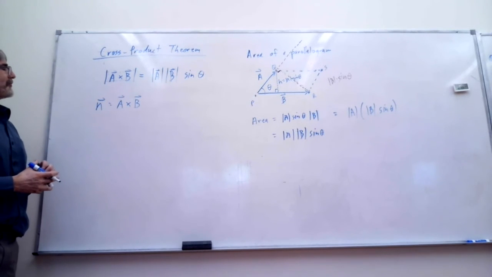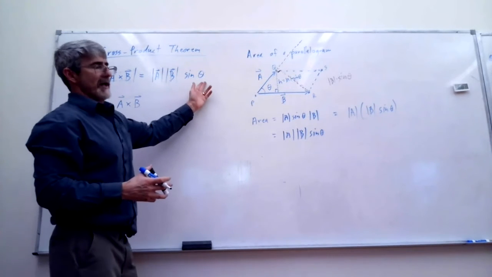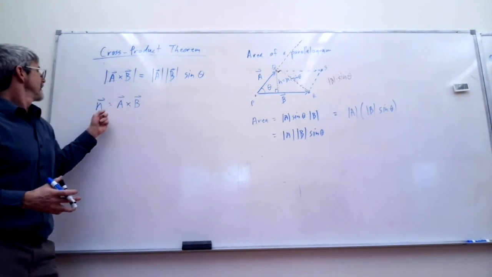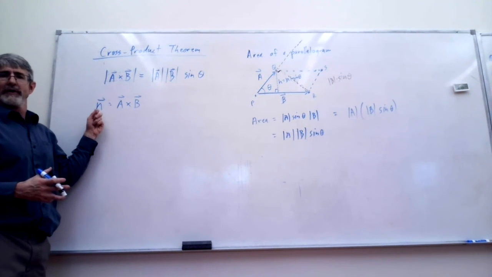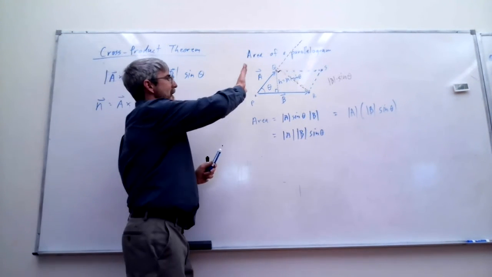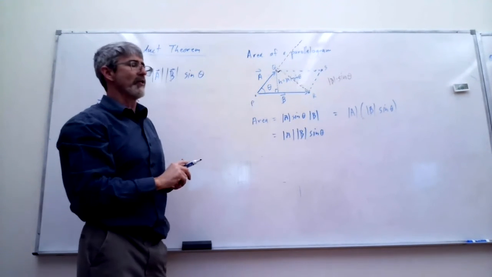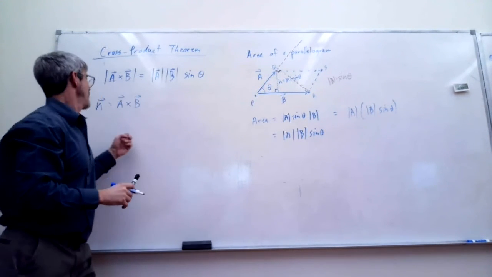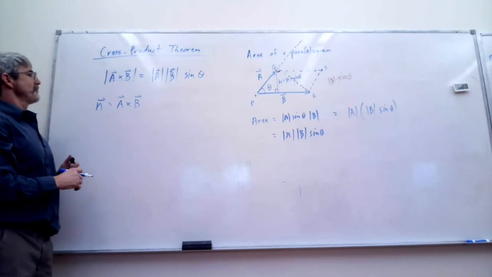And so what we found is that this area must be the same as the magnitude of N. So if we were to cross A and B, we would get a normal vector that is into the board, and the magnitude of that normal vector would in fact be the area.